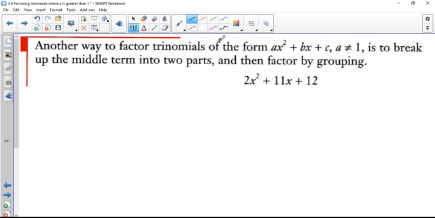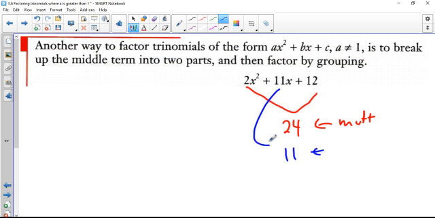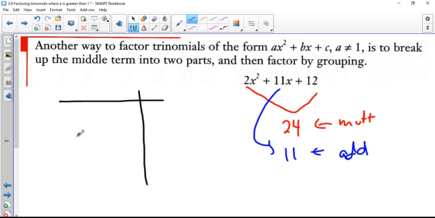Okay, same approach. We start by multiplying our two values, so we get 24, and that's going to be our multiply. And then the next one is add to 11, just like before. So we're going to go through our factors.